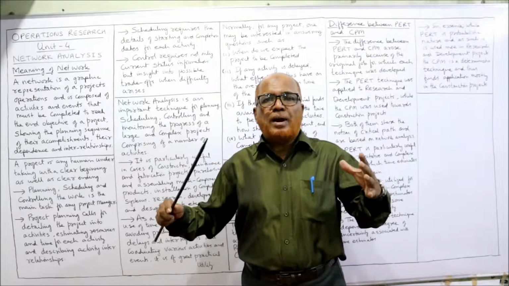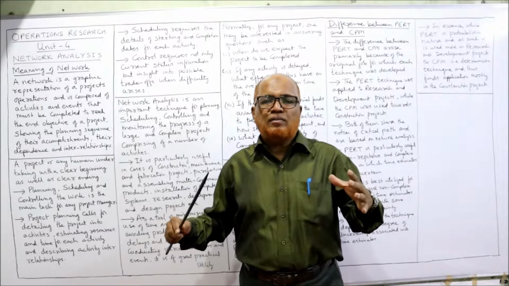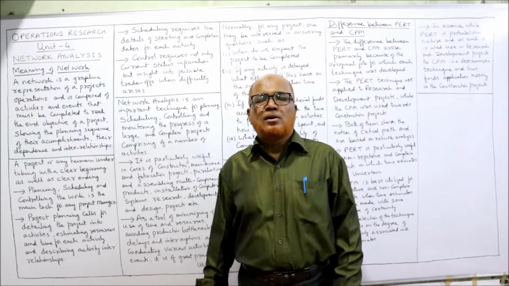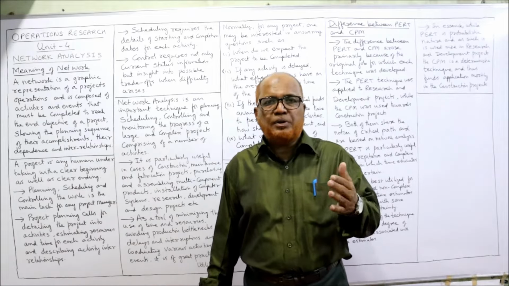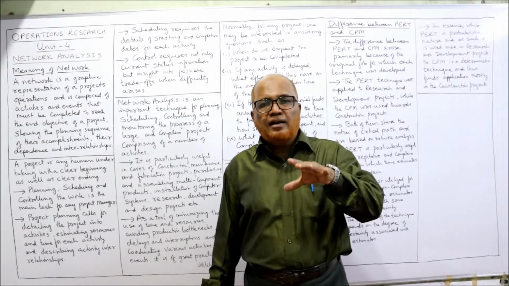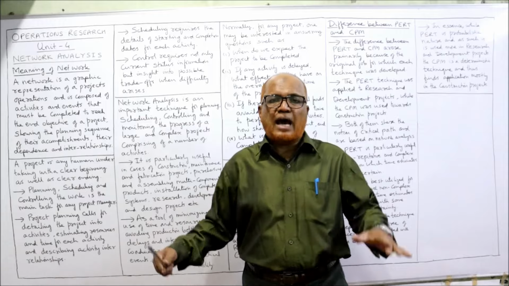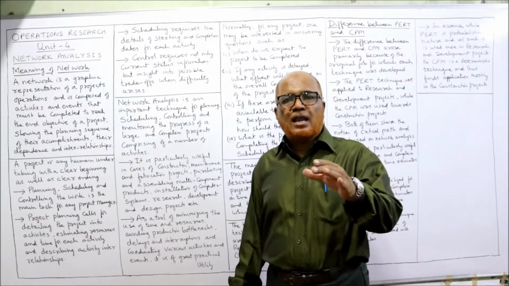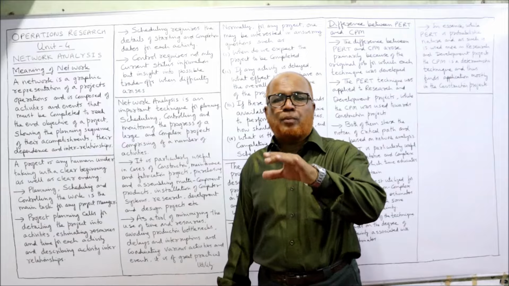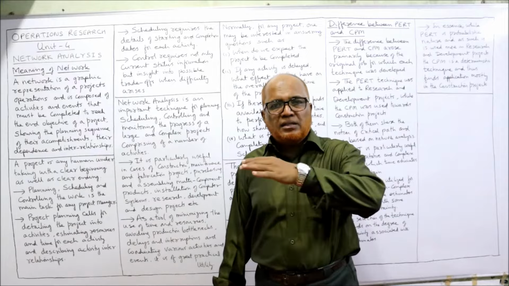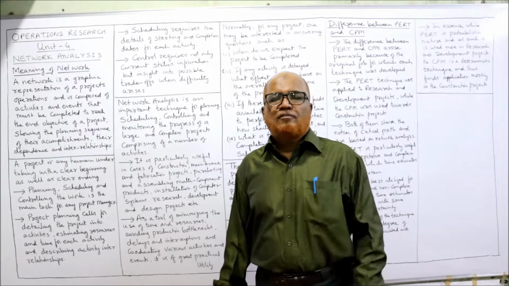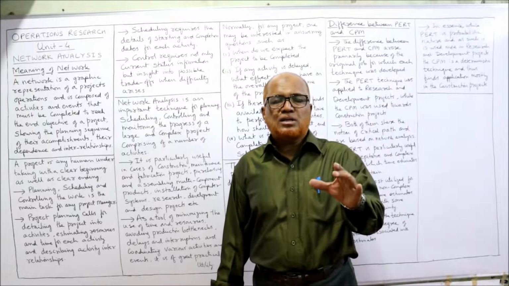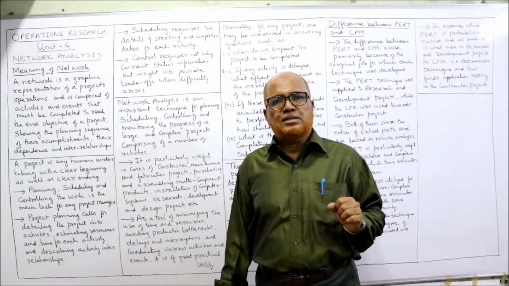So a project is a bundle of so many activities and events. Those activities and events should be arranged in a sequence, finding out the dependence relationship and interrelationship of different activities. So in simple words, we can say a network is a graphical representation of a project's activities, making the sequence of activities, finding out the interrelationship so that the project can be successfully completed.